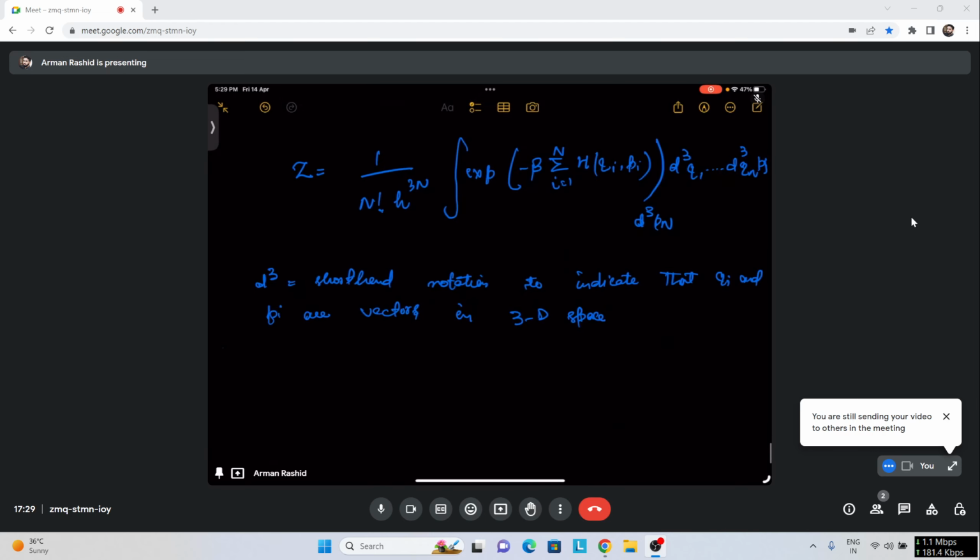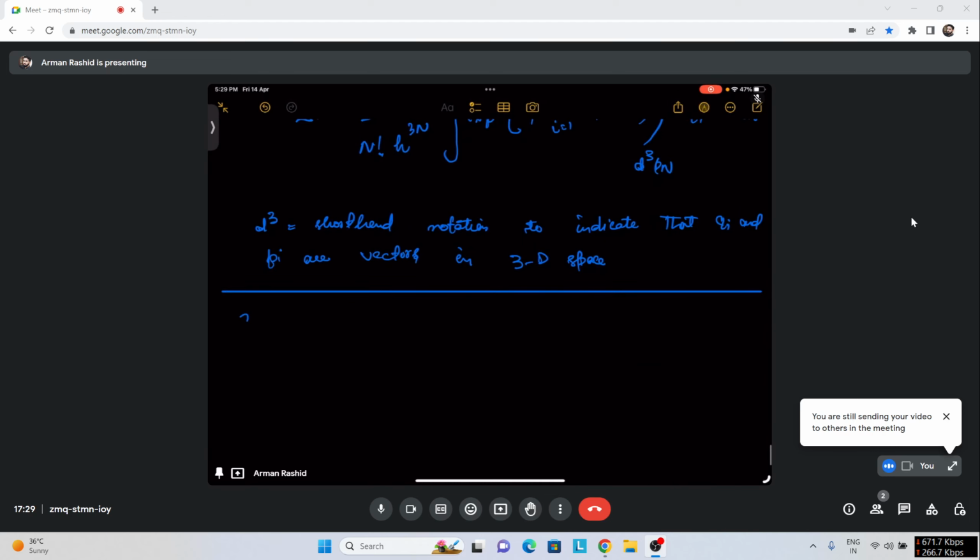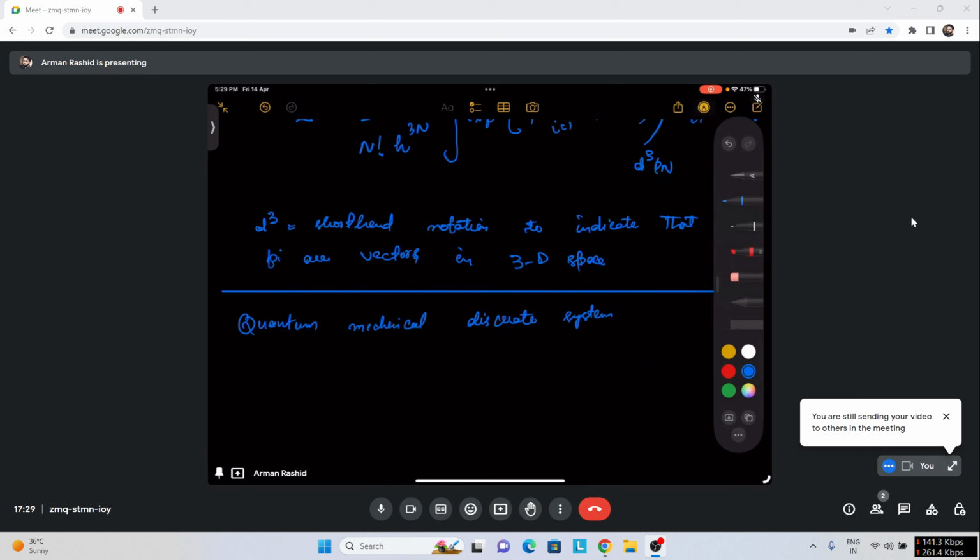Now we have another system. This was in case of a classical system. Now what we have is a quantum mechanical discrete system. Now there is a quantization.